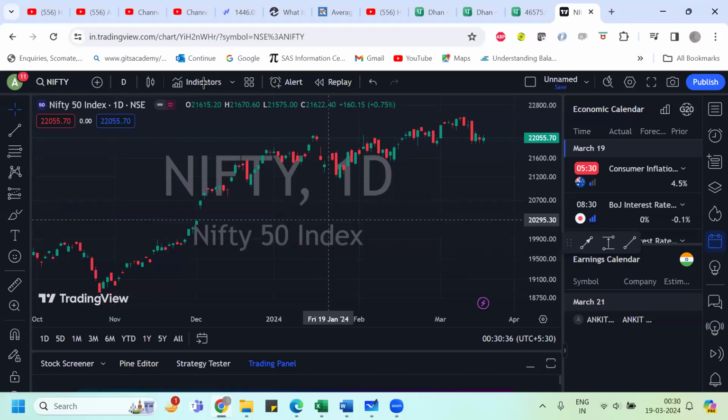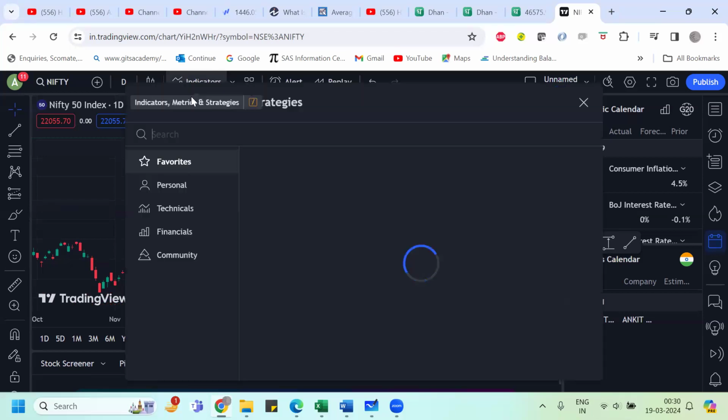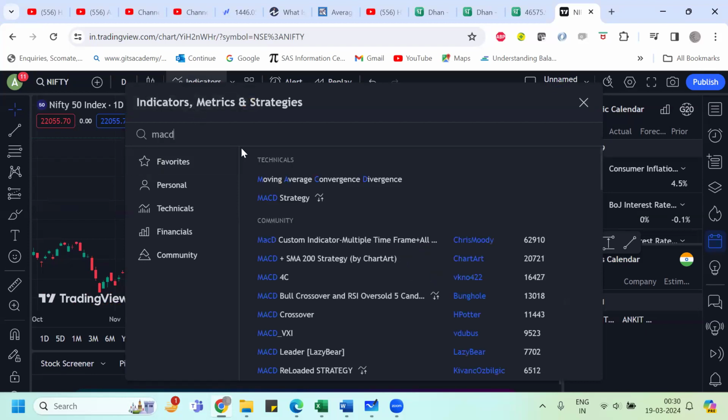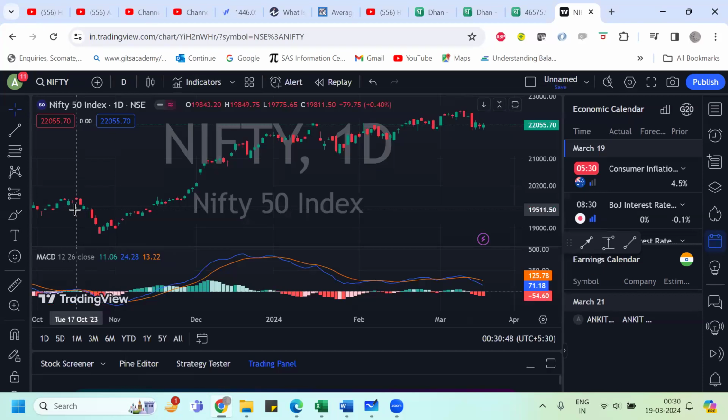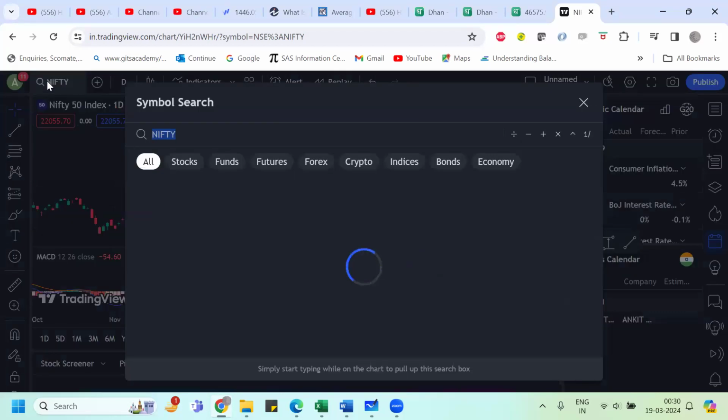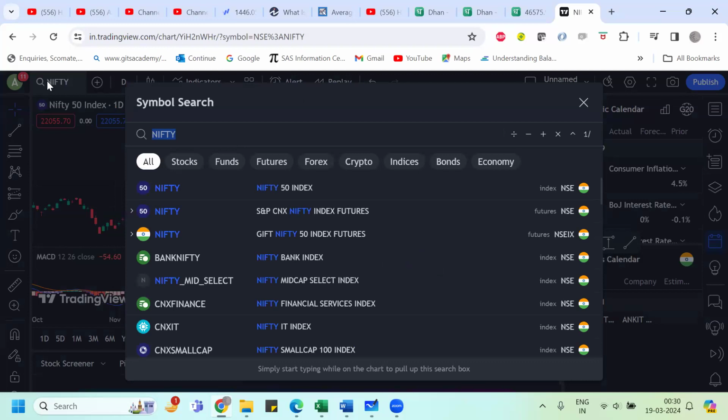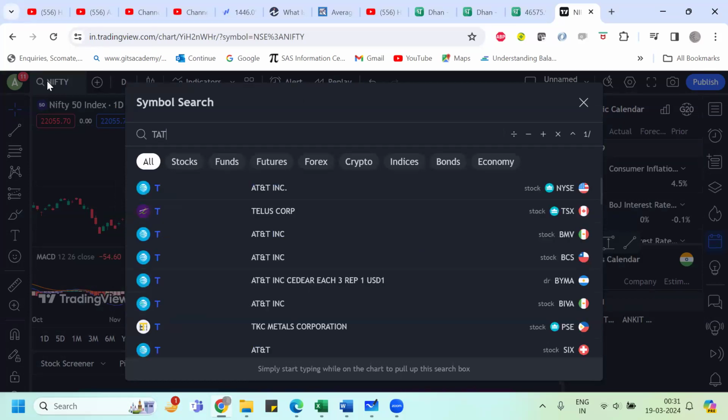So MACD, fine. There's not much momentum in Nifty. Let me choose some stock, maybe Tata Steel or something.